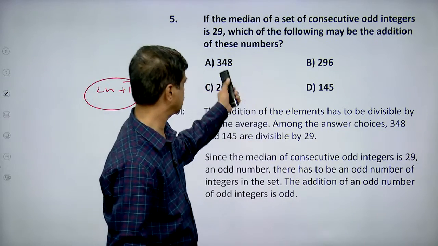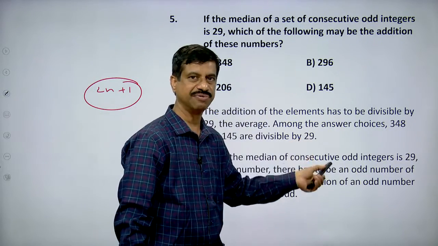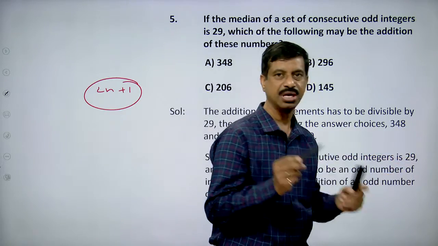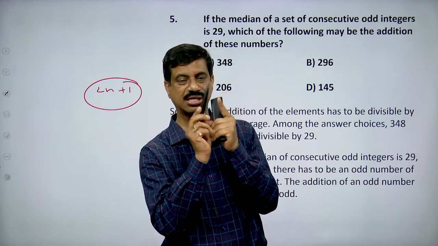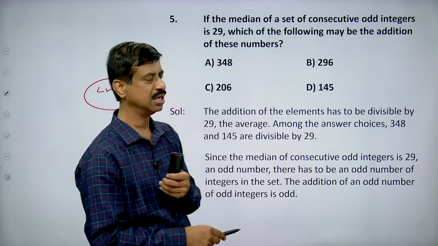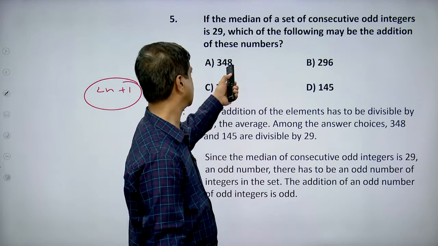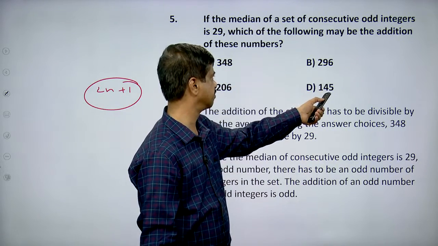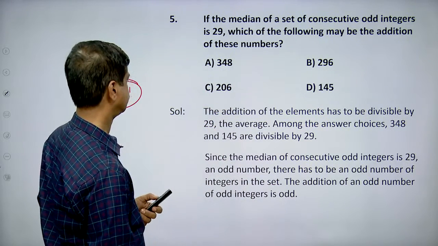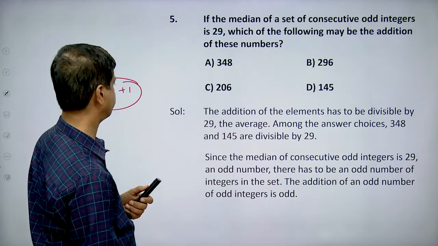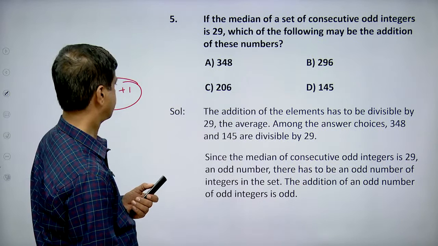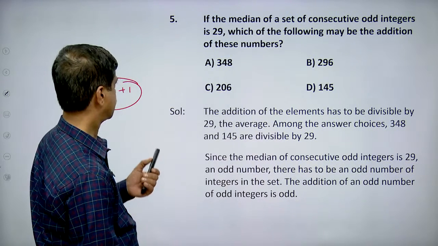Therefore, this sum whatever we take should be divisible by 29, because first term plus last term by 2 is divisible by 29. Second from beginning and second from last, the sum of those two is again divisible by 29, like that. So the sum of all numbers should also be divisible by 29. Therefore, if you take this, this is not divisible, this is not divisible, 290 and 145 are there.